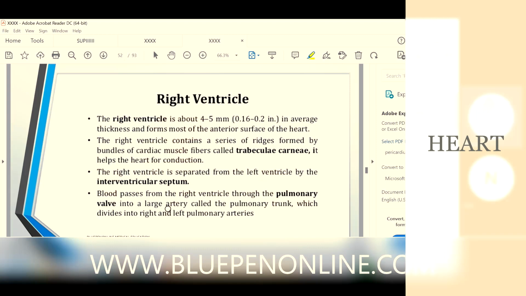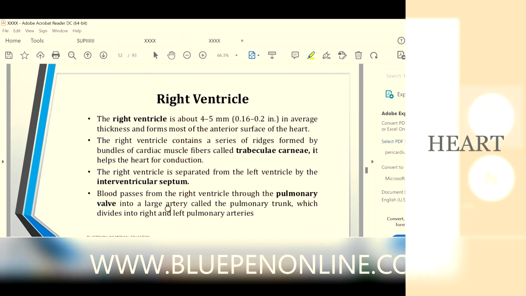Right atrium, what all things you studied? Can you summarize the right atrium? Yes, ma'am. Tell me. In the right atrium, there is an oval-like depression, ma'am. That is called fossa ovalis. First you start from here. No, anteriorly rough part and posteriorly smooth part. Why anteriorly it is rough?